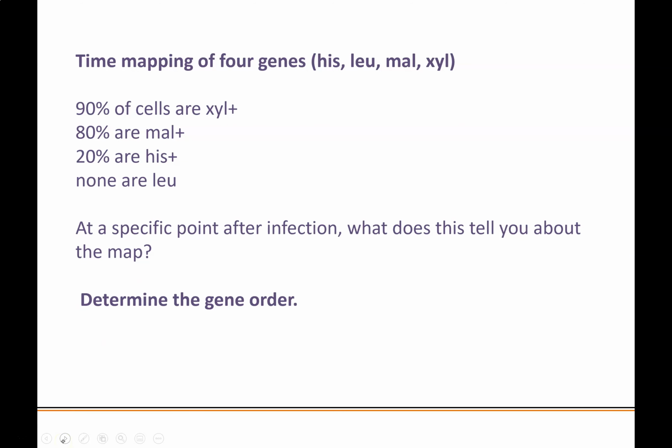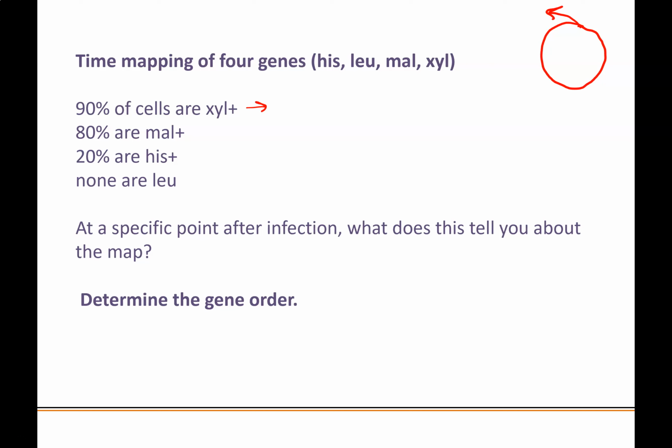So let's turn this into a problem. Let's say we want to map a bacterial chromosome and we let conjugation happen. After a certain time period, we stop it and we look to see what genes are present. When we stop it at that particular time, 90% of our cells have the XYL plus gene.